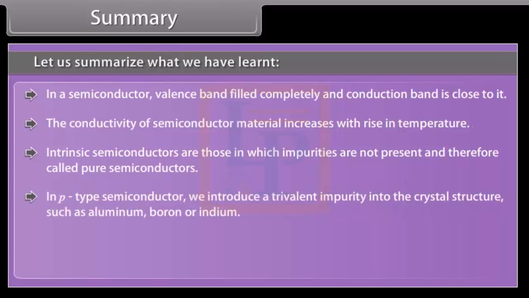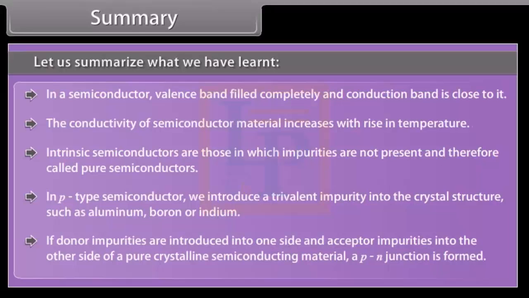In p-type semiconductor, we introduce trivalent impurity to the crystal structure, such as aluminium, boron or indium. If donor impurities are introduced into one side and acceptor impurities into the other side of a pure crystalline semiconducting material, a p-n junction is formed.